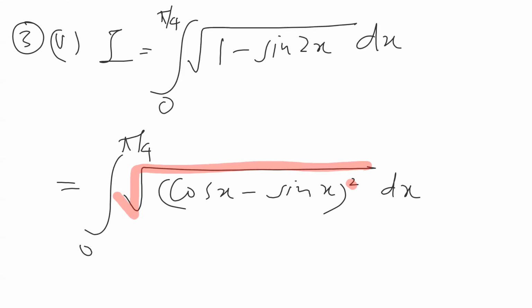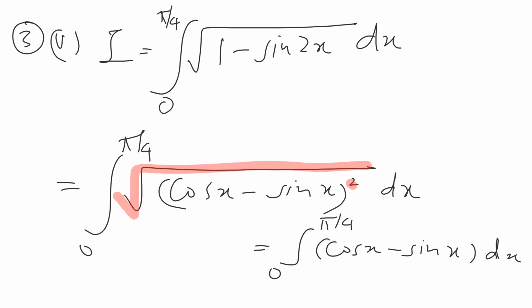Okay. And then individual integration. Cos x integration is sin x, and sin x integration is minus cos x. So let's put these values on the next slide.